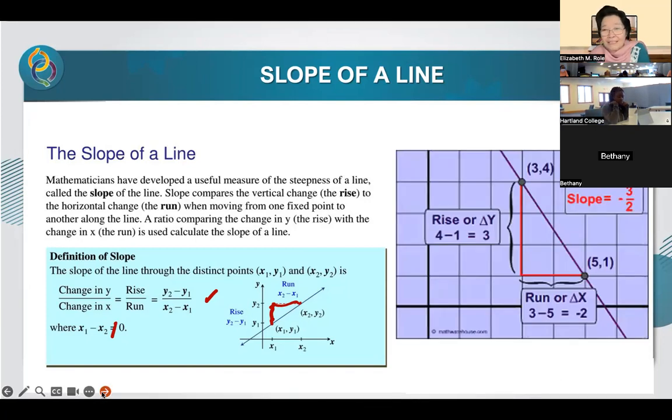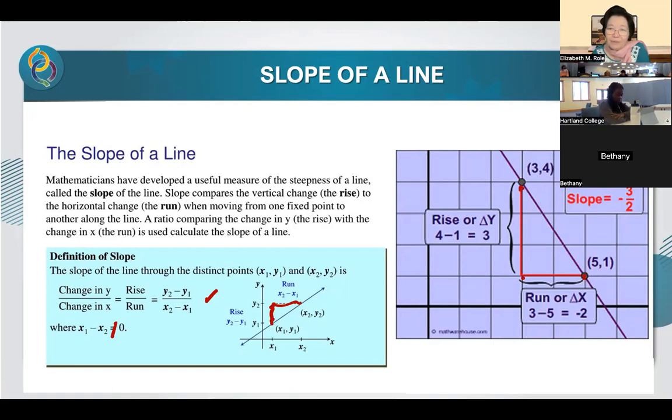So this is now just an example. If my line passes through (5, 1) and (3, 4), having those as two points, you can make a straight line out of that.